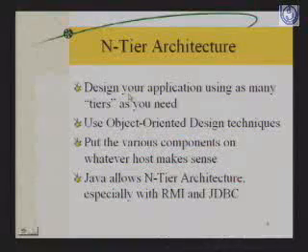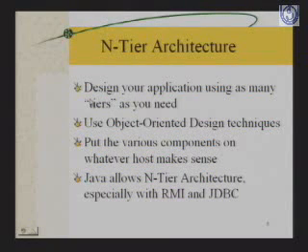Now N-tier architecture. This N-tier architecture you can take definitely just as a further extension of 3-tier architecture as per your requirement and the complexity. If you are distributing the whole application component-wise on different tiers, then you can create an n-tier application, but generally 3-tier applications serve the purpose for even complex application development.